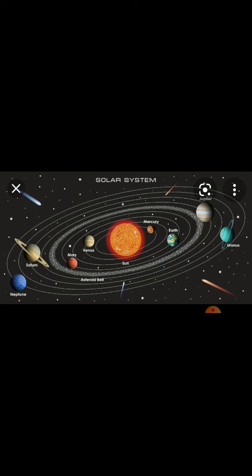It is shown for our reference that they move around the sun. All these planets move around the sun. These are nothing but the orbits. Orbit is the path where the planets move around the sun.